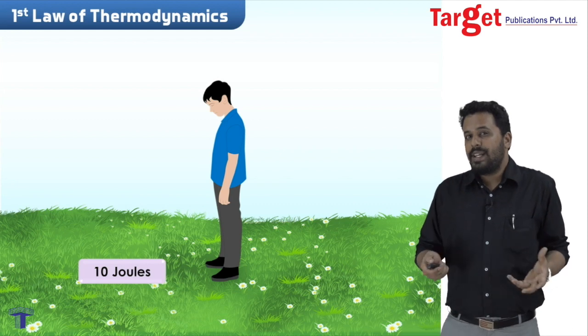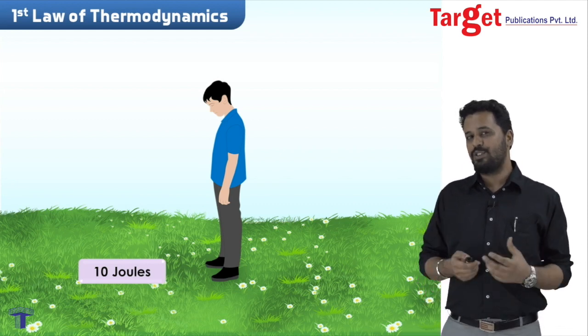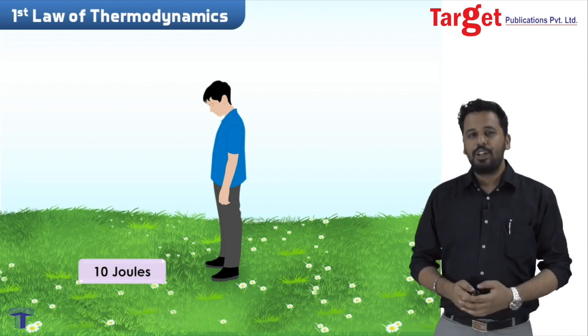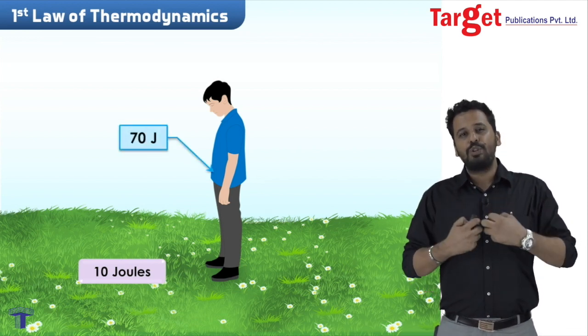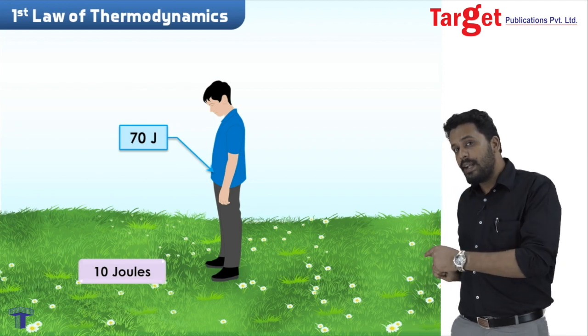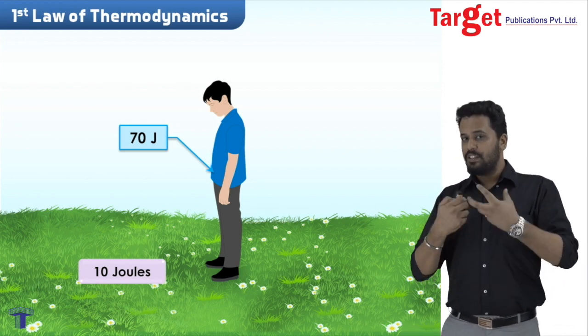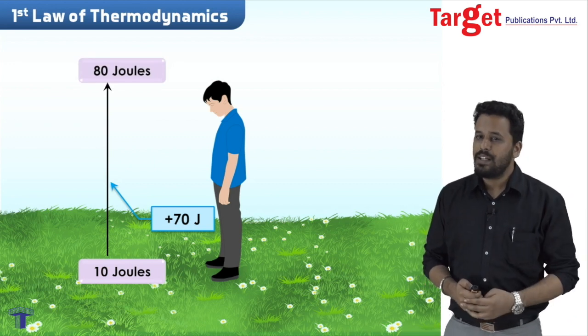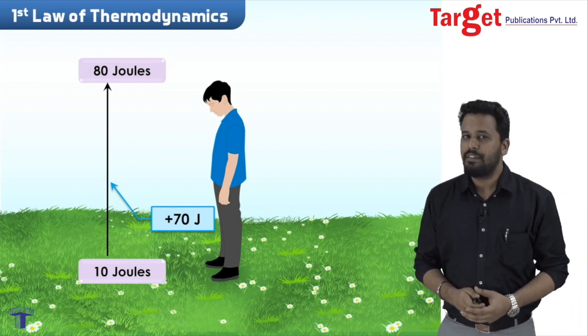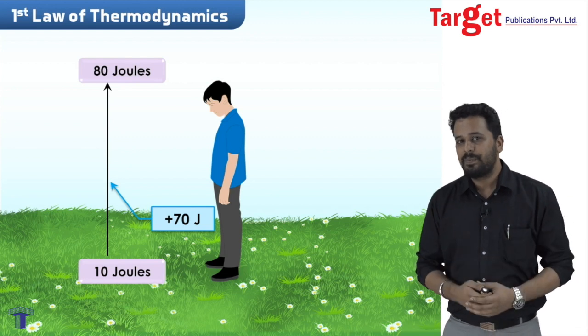Well, he's not very happy about the fact that he's not energetic, so he decides to have some food which will give him about 70 joules of energy. So already he had 10 joules of energy, he has consumed 70 more, so now he's shot up to 80 joules by addition of 70 joules of energy by eating food.